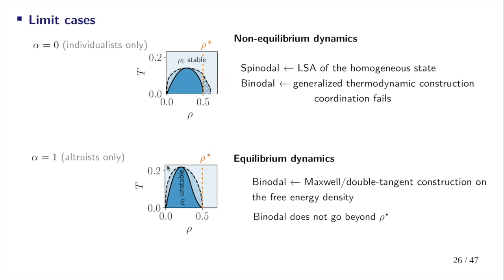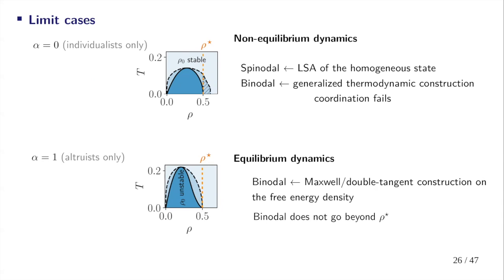And a funny phenomenology is that the binodal never goes beyond this objective density rho star. So the altruists at most will converge, when the rationality is the best, let's say, to the best possible outcome for the system.